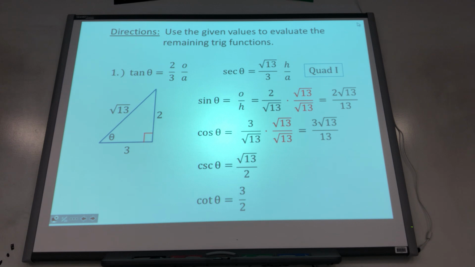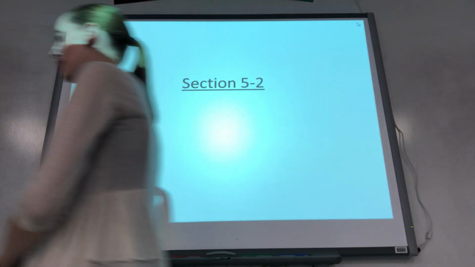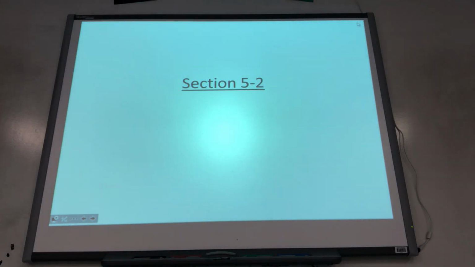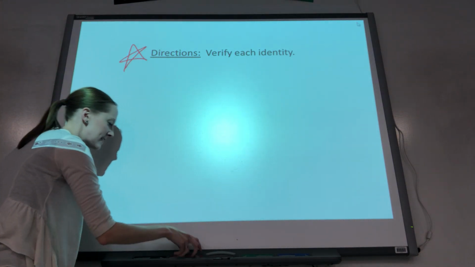We're moving here on to section 5.2. This is a good one. In section 5.2, the main thing that you need to know how to do is verifying identities. Verifying identities. I'm going to put a big star next to this.